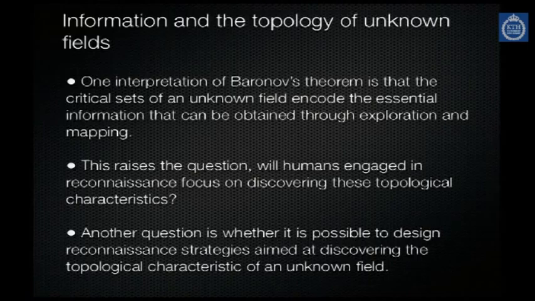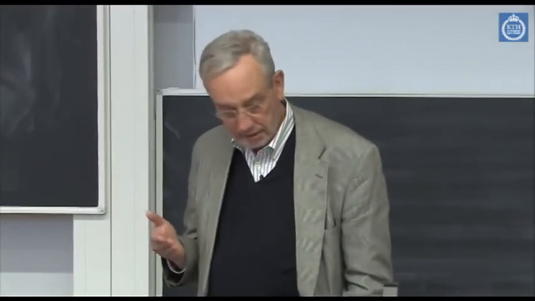So there are a number of interpretations of this: the critical sets of an unknown field contain all of the information that you might get by exploring using one of these sensor-enabled robots. All right?